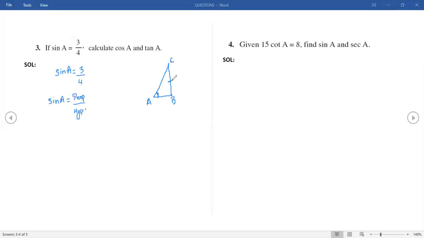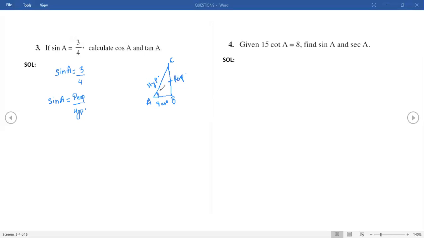This is the BC side, so we call it the perpendicular. And the hypotenuse, you should be aware, is the longest side. And the remaining side will be the base, or I can say the line which is adjacent to the angle.